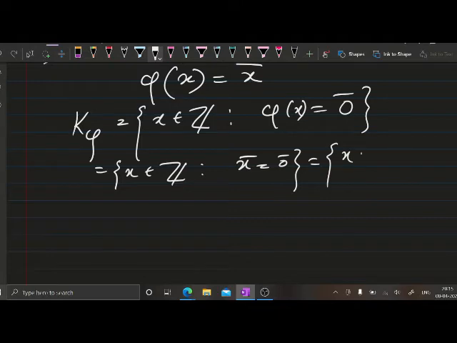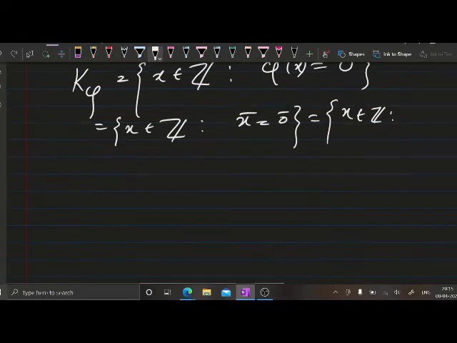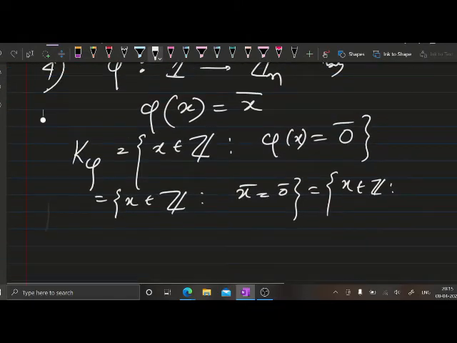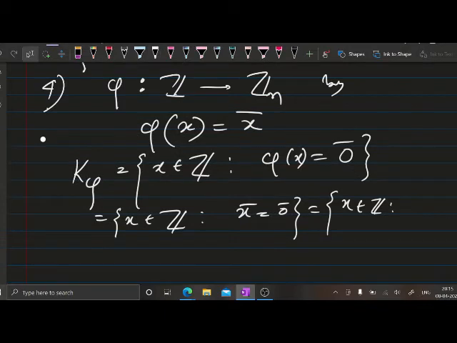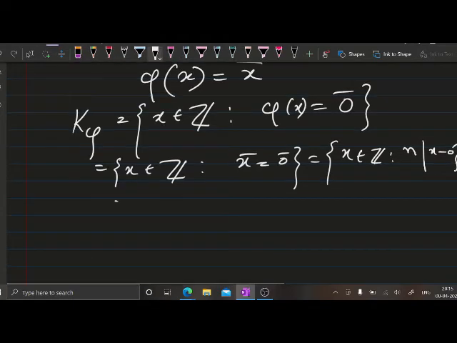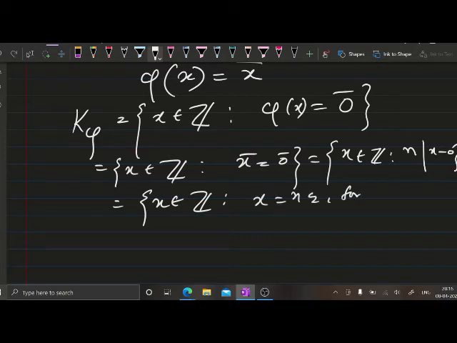In view of the relation that has been defined on Z, which is used to get the ring Zn of residue classes of integers modulo n, this means n divides x minus 0. So that means the set of all those x belonging to Z such that x equals nq, where q belongs to Z. Right?